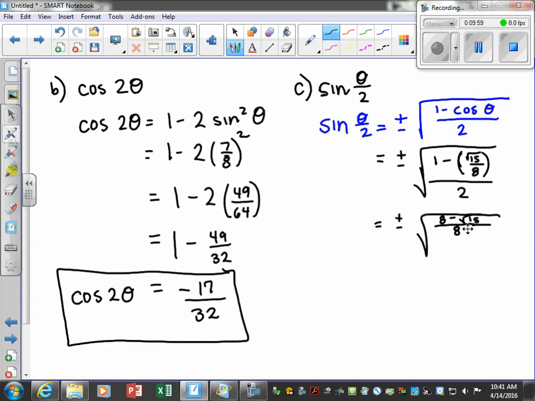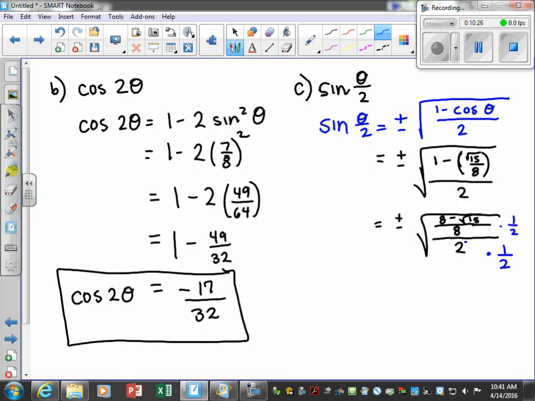Then let's just leave our denominator alone for now. Next, I want to be able to simplify. Well, I don't like a fraction within a fraction, so I'm going to multiply the denominator by the reciprocal. The reciprocal of 2 over 1 is 1 over 2. So whatever I do to the denominator, I'm going to do the same thing to the numerator.